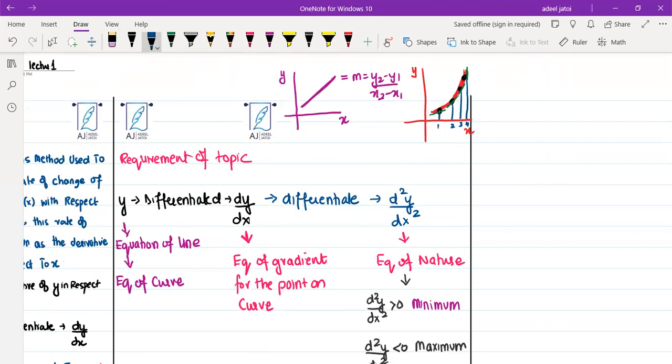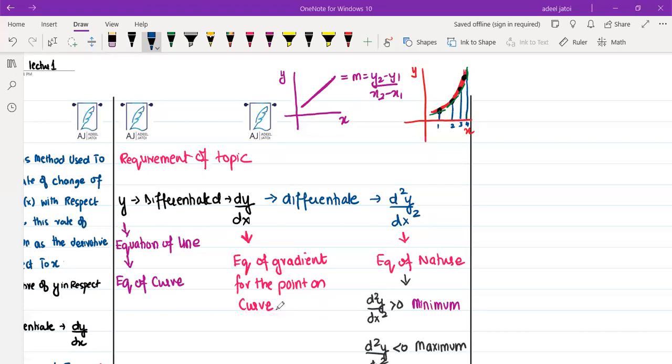So why do we differentiate? To have the gradient, because the curve does not give me the gradient directly. So I need to differentiate the equation of the curve to get dy upon dx. When dy upon dx is there, what do we do next? We know that dy upon dx is basically your equation of the gradient for the point on the curve.